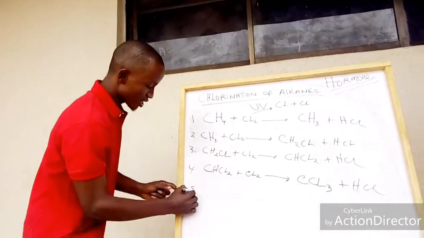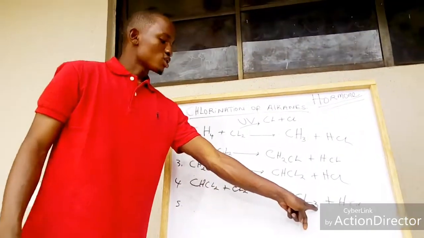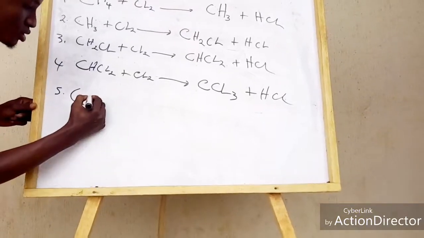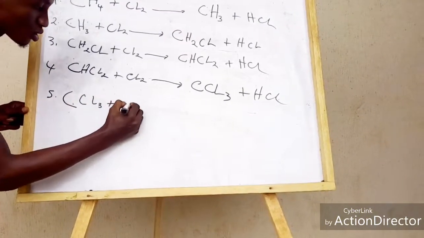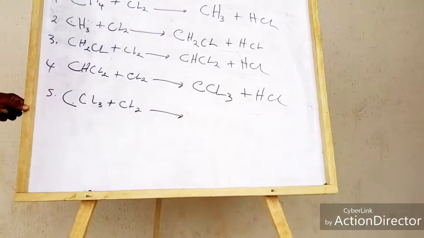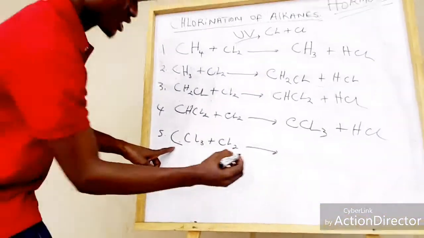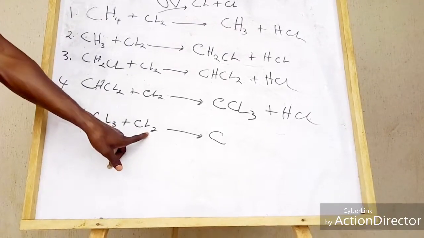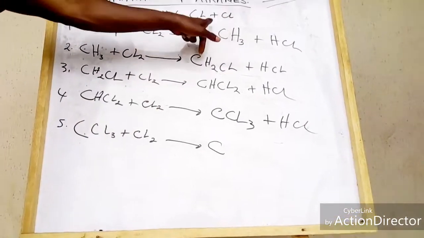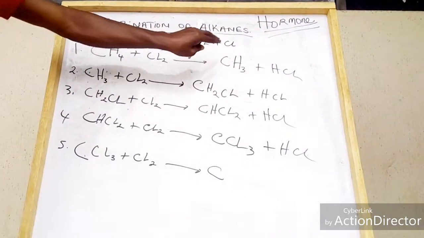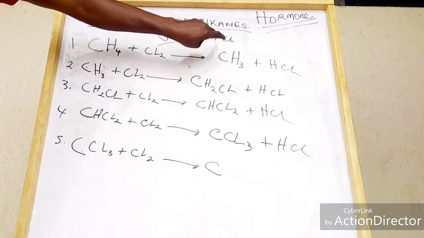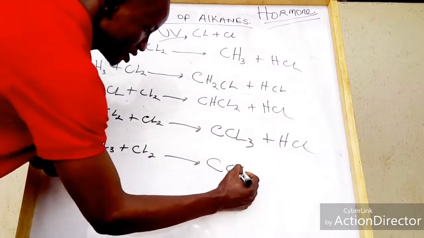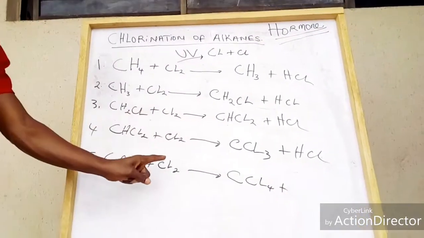Now, the last stage of chlorination is where trichloromethane will react with chlorine to give, now observe, one carbon, no hydrogen to be displaced. This chlorine molecule will also split to give two atoms of chlorine, where one will react with this one to give CCl4 plus one remaining chlorine.